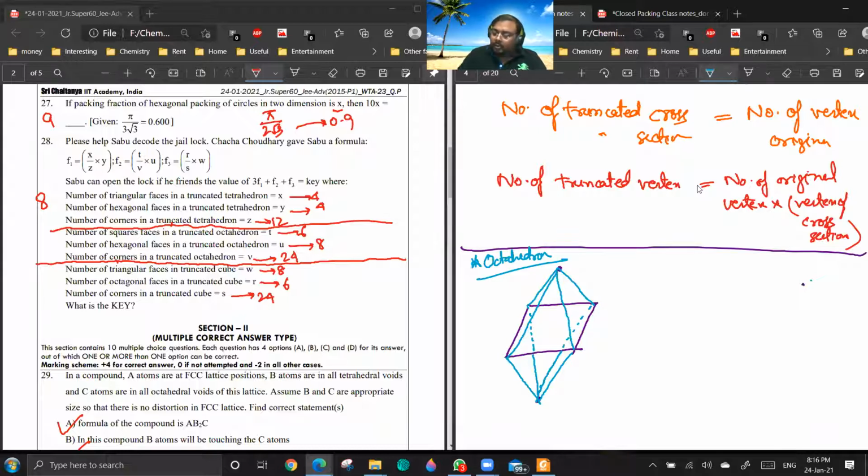Now, what are the features of an octahedron? First of all, all its sides are triangles. So an octahedron is like a double square pyramid. For a square pyramid, you take a square and put a vertex and you get a square pyramid. A tetrahedron has a triangular base and then an apex.